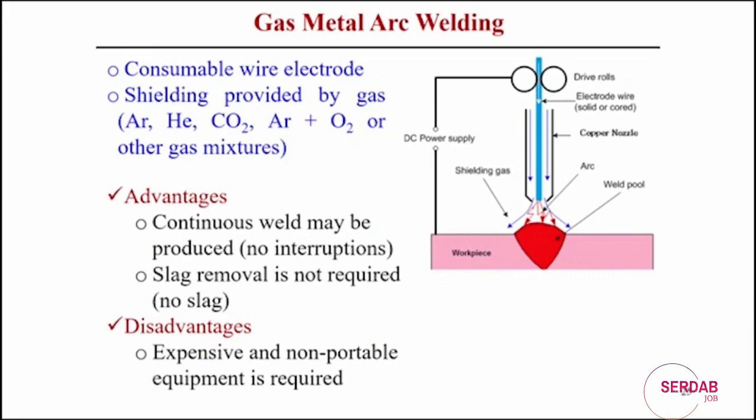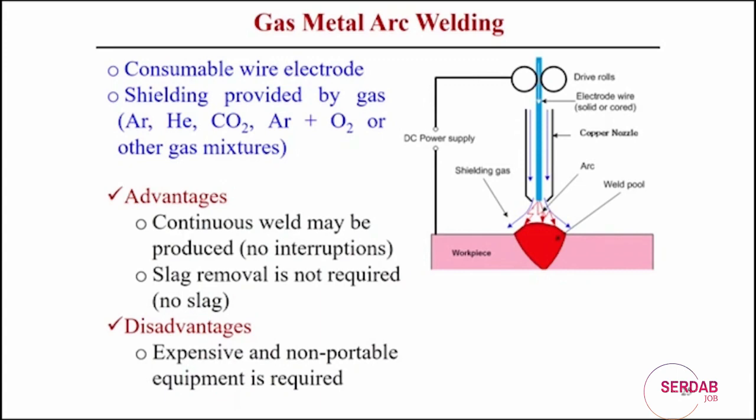So, if we look into the process, it also creates an electrical circuit, and the arc is created between the electrode and the workpiece. And here if you see, along with the supply of the consumable electrode over some drive rolls, at the same time there is a supply of shielding gas through the same nozzle.